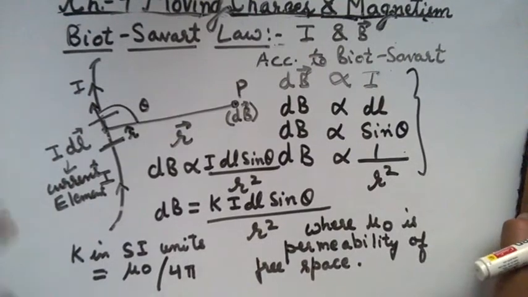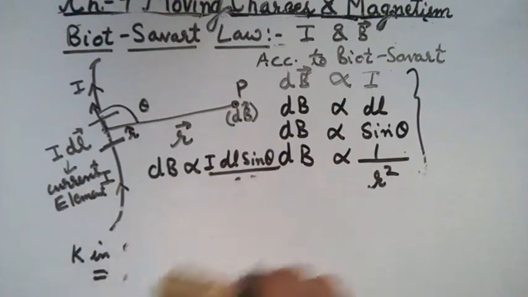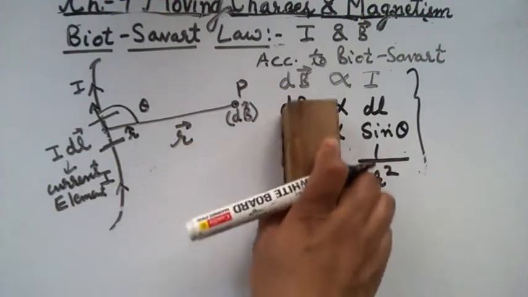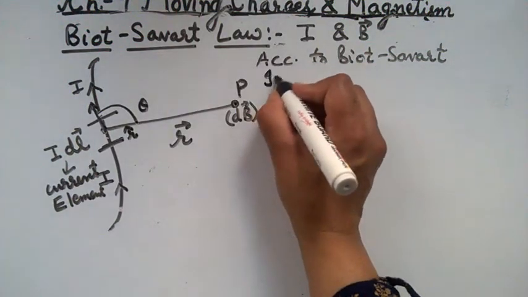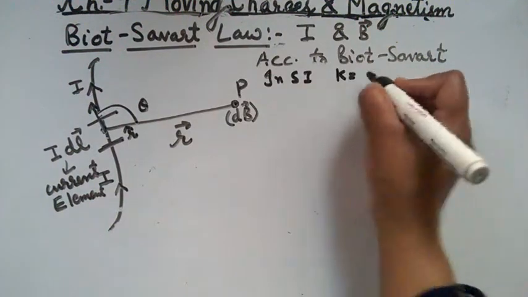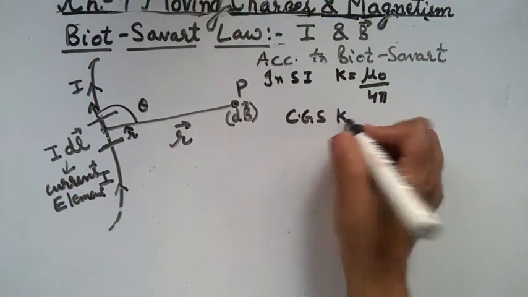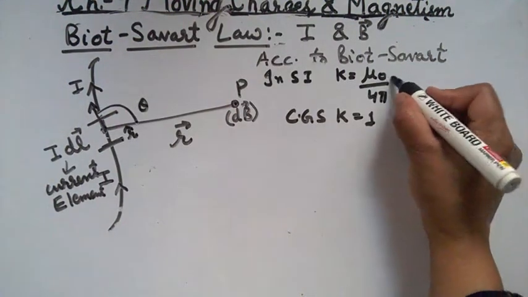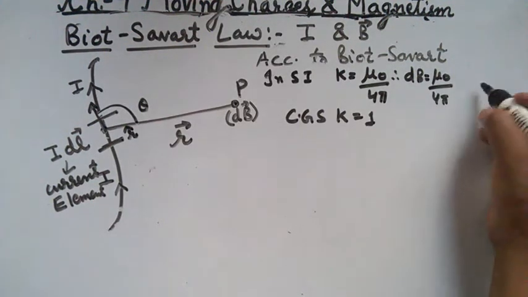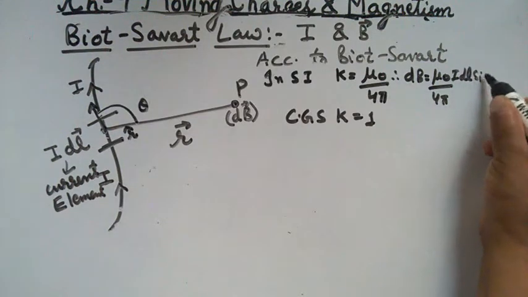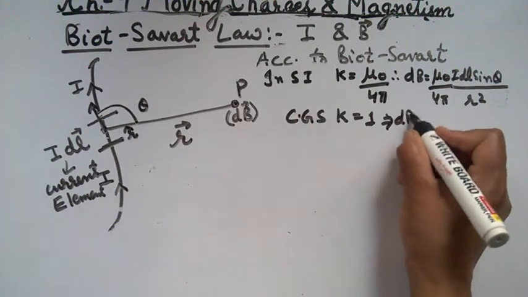And in CGS units, the value of k is 1. In SI, k is equal to mu naught by 4 pi, and in CGS, k is equal to 1. So here dB is equal to mu naught by 4 pi I dl sine theta by r square, and in CGS dB is equal to I dl sine theta by r square.